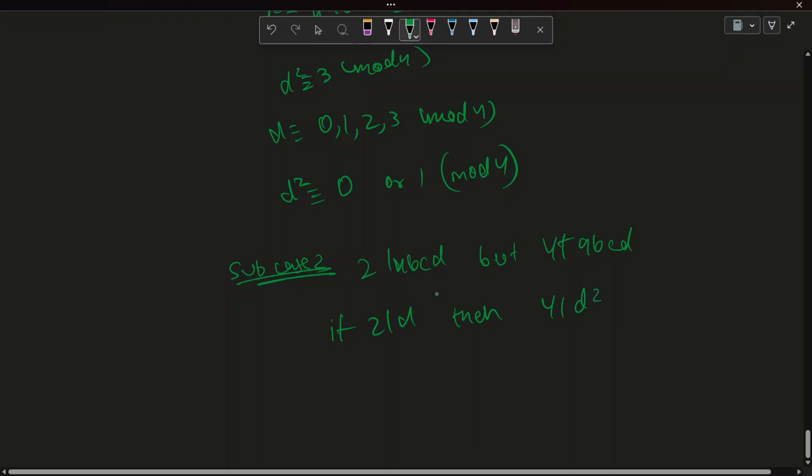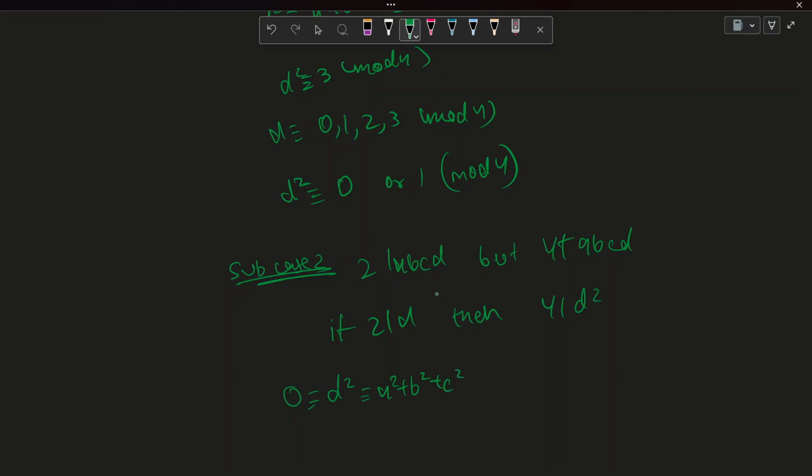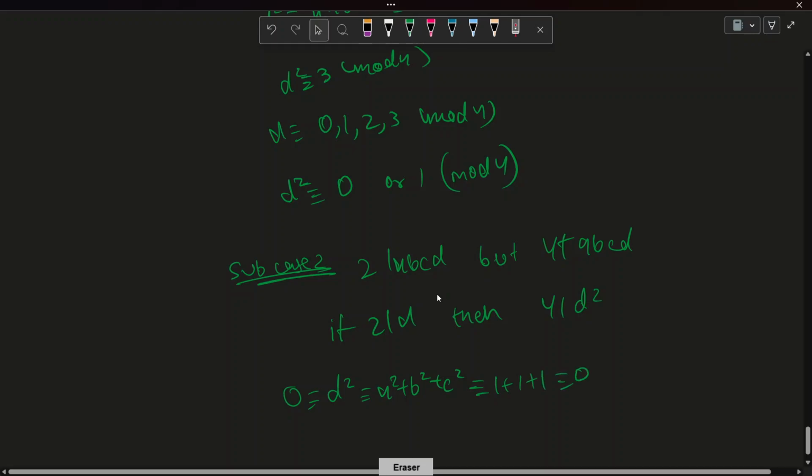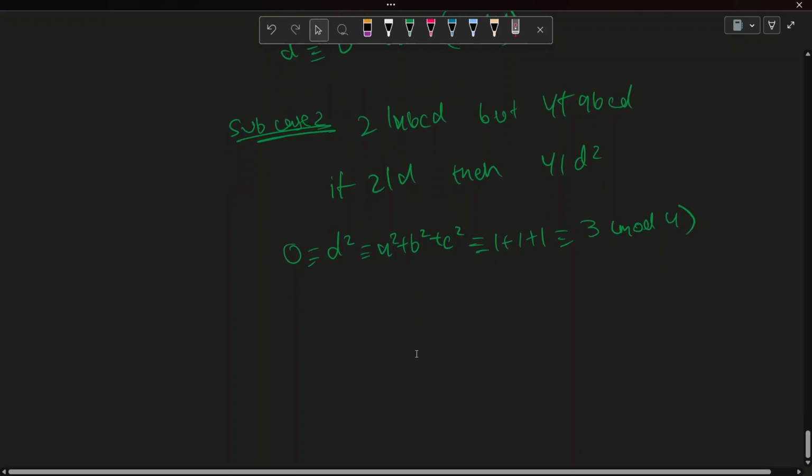Thus d square is congruent to 0 mod 4, and this is congruent to a square plus b square plus c square. Because 2 divides d, 2 cannot divide any of a, b, c, and in a manner similar to the previous case, this is 1 plus 1 plus 1, congruent to 3 mod 4. This is a contradiction, because 3 is not congruent to 0 mod 4.